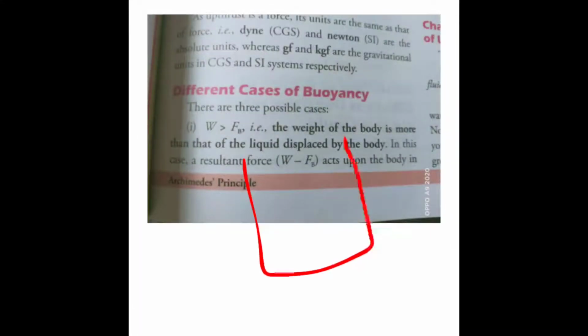If I take one vessel with a liquid level and immerse an object inside the liquid, and the weight of the object is more than the liquid displaced, the object will sink down. Or you can say, if the density of the object is more than the density of the liquid, then the object will sink.